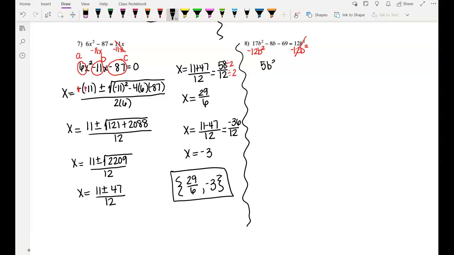So 5b squared minus 8b minus 69 equals 0 is the values that I need to be working with. A is going to have a value of 5. B is going to have a value of negative 8. And C is going to have a value of negative 69.